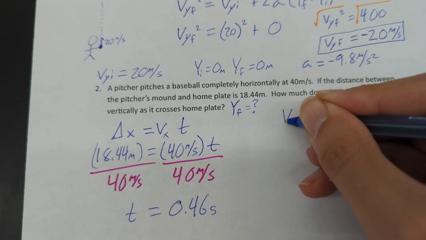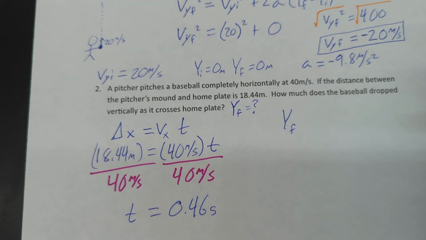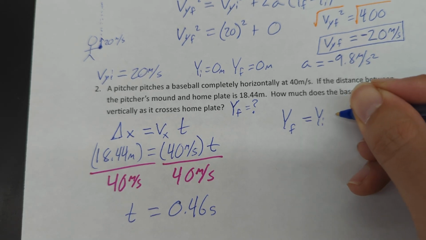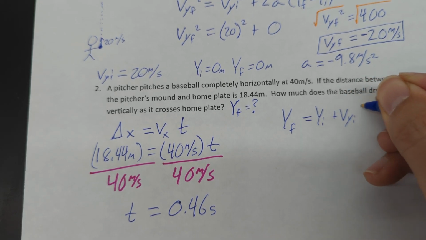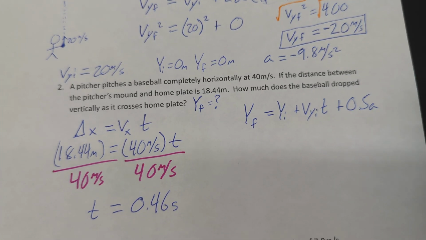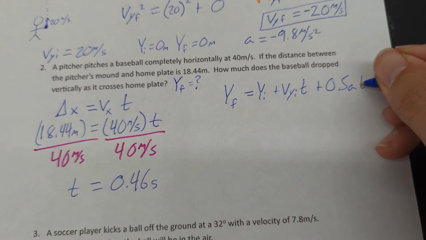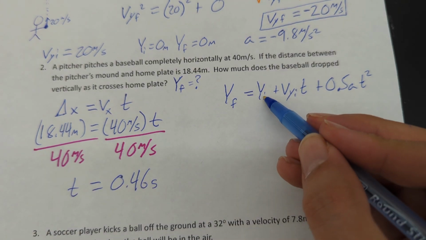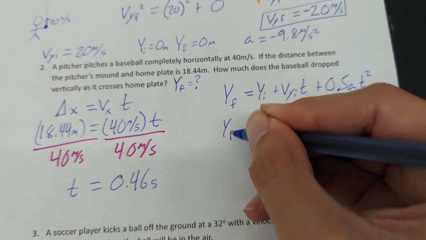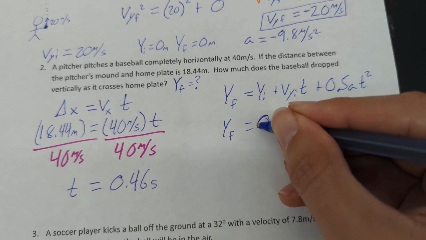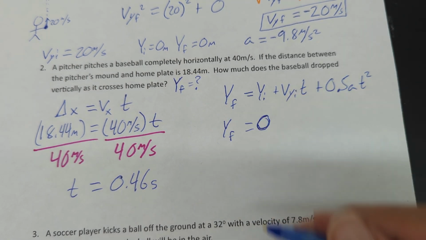So now that we have time, the equation we can use, to find what we're looking for, is that yf, the final position, is equal to yi plus Vyi t plus 0.5 a t squared. We can call the initial position 0. That could be our starting position, and then yf would be how much it dropped.